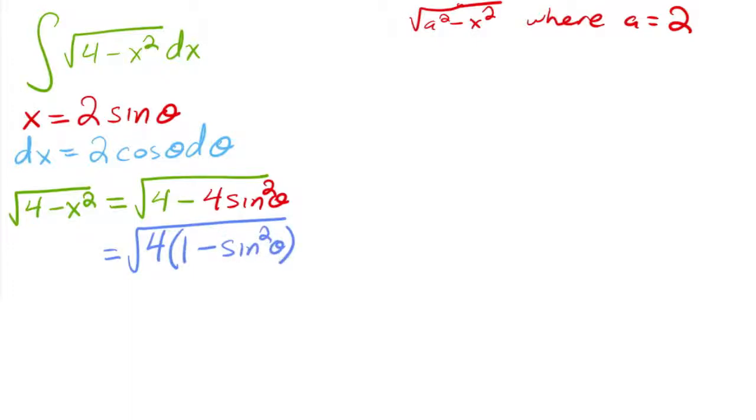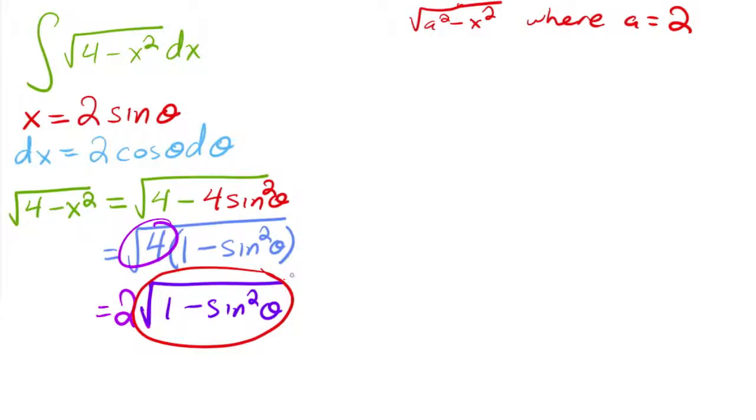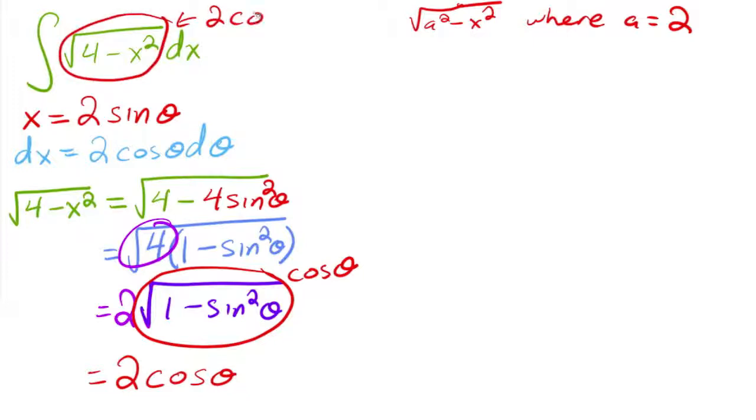You break up the root, and this equals 2 times the square root of 1 minus sine squared theta. Using the Pythagorean identity, this is just cosine theta. So the square root of 4 minus x squared is simply 2 cosine theta. And dx, you're going to replace with 2 cosine theta d theta.